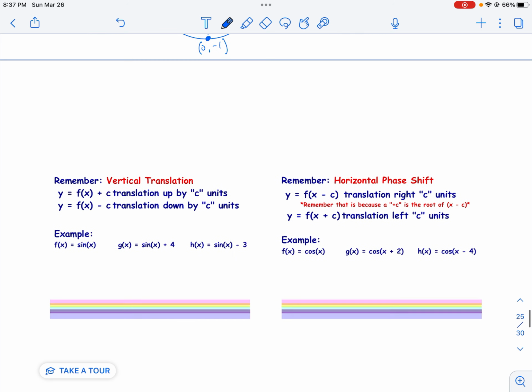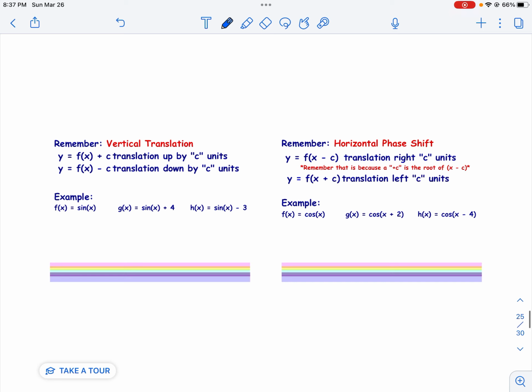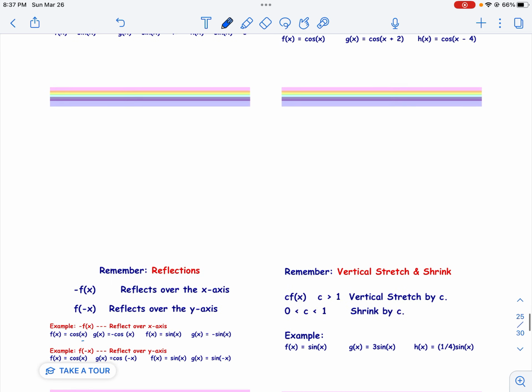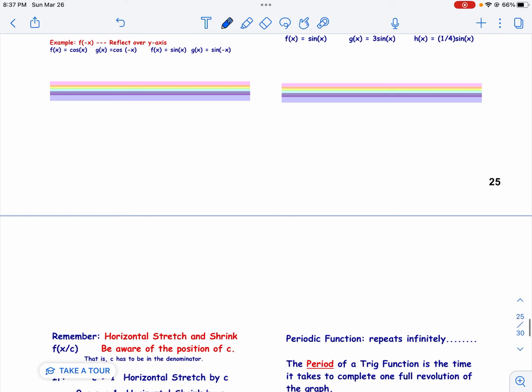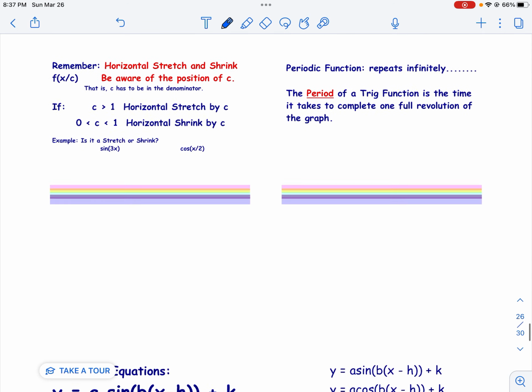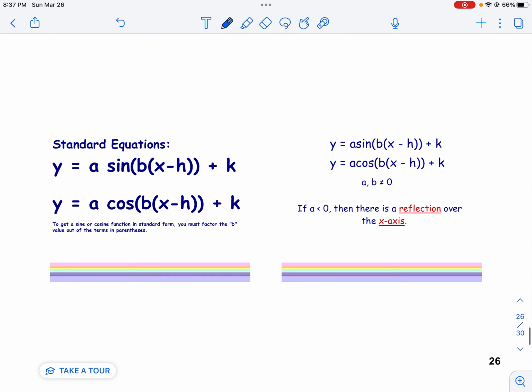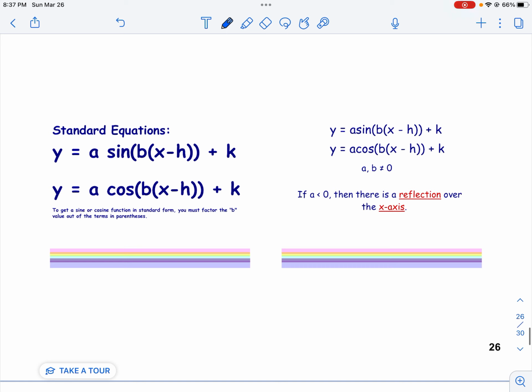Okay, on to page 25 now. Remember that we're going to talk a little bit about translations now. As I scroll down here, these pages talk a lot about translations, but what I want you to focus on is page 26 right now. I'm talking about these two standard equations here for sine and cosine.